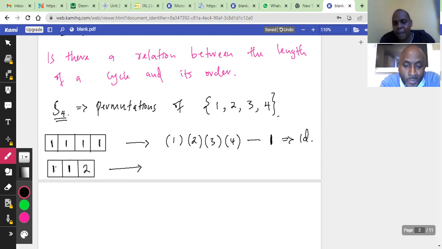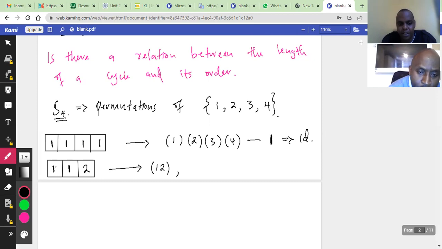If we want permutations involving only 2 letters, you could say (1 2), that is 2 going to 1 and 1 going to 2.